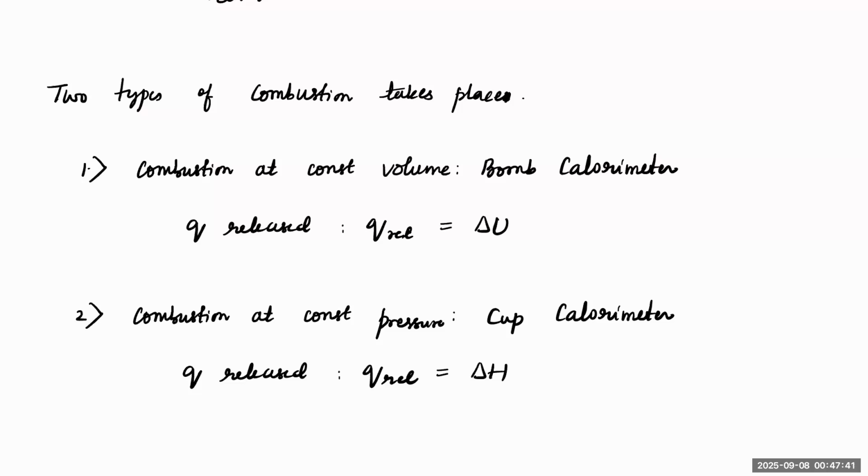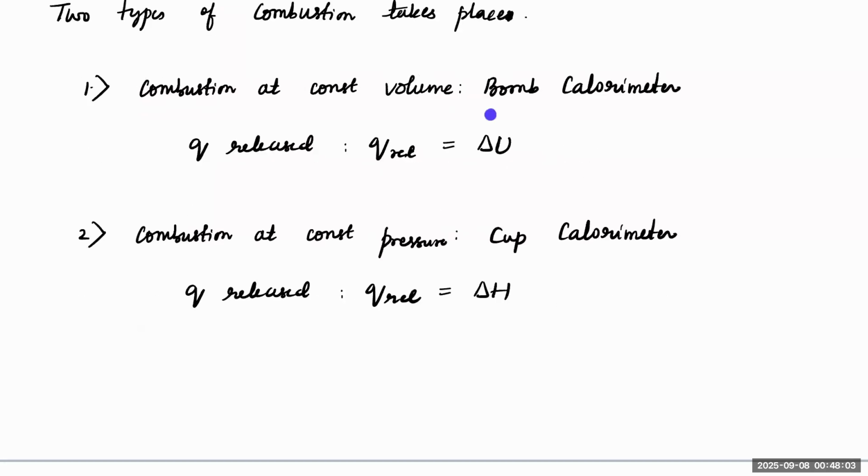And if the combustion is happening in a system operating at constant pressure, that means the volume can keep increasing or decreasing but the pressure should remain constant, such an instrument is called a cup calorimeter. One is bomb calorimeter, the other is cup calorimeter. So if this terminology is used, bomb calorimeter or cup calorimeter, it refers to delta U and delta H. Everyone clear on that?